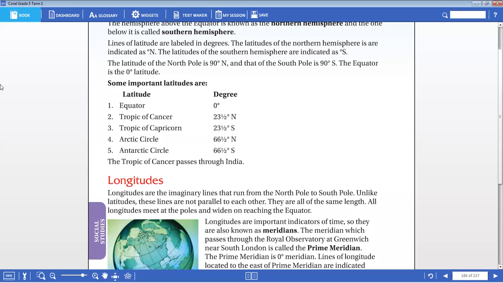Antarctic Circle. Okay, children. These are the hard words you have to make a note of until the topic is completed.